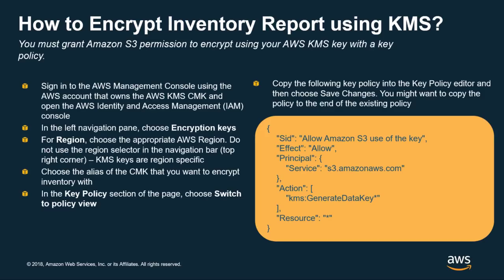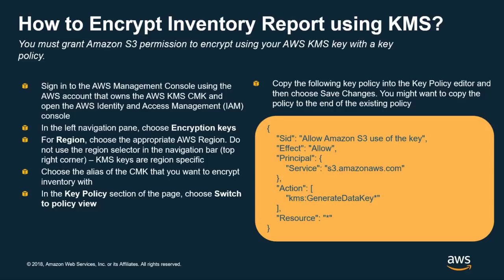So let's talk about encrypting inventory reports. I come back once again to the concept of using KMS whenever possible. Essentially, you can encrypt your inventory report using KMS where you have to grant S3 permission to encrypt using your AWS KMS key.